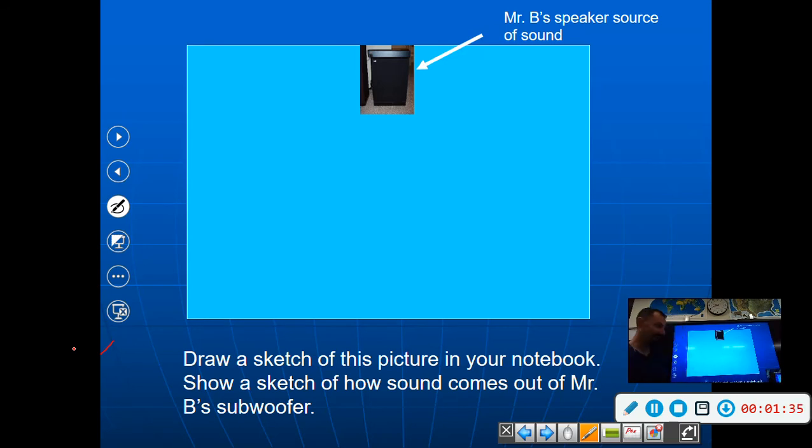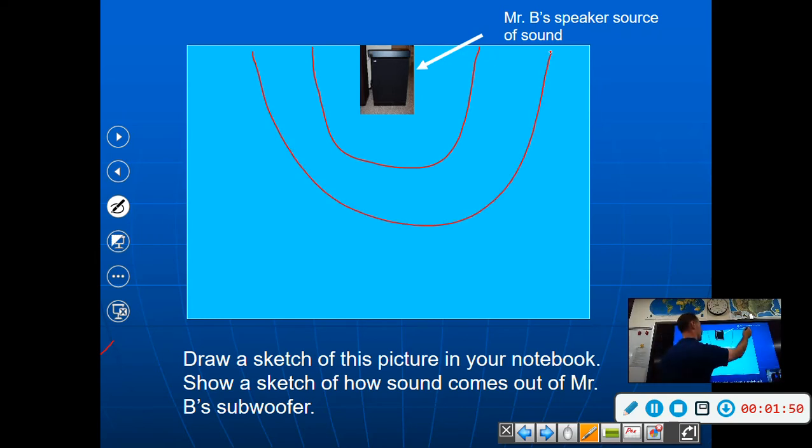But what happens naturally, the ones that are closer will hear the sound louder. That makes sense, because the sound waves wrap around this area equally, and where I'm drawing these lines, that's where the sound level is going to be equal for the students.